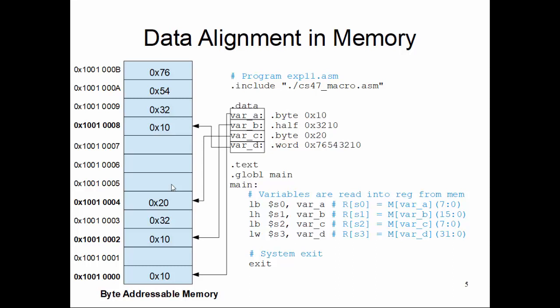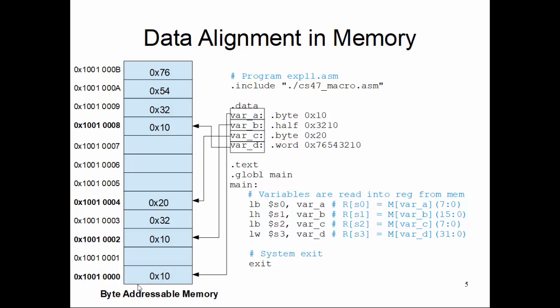So what is happening here, following that rule: my first variable A, let's call it a variable in a very loose term, but it's a label, is a byte, so I can start from any address. When the assembler starts laying down this data into memory, it starts from this address 1001.0000, so it puts 10 into that byte position.